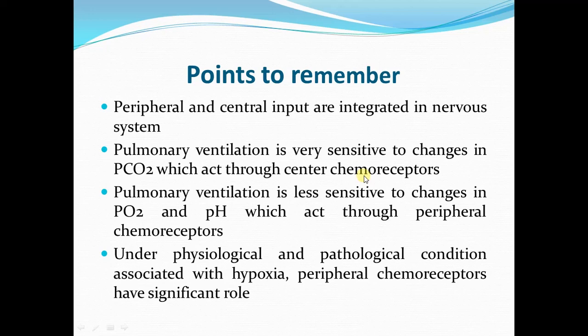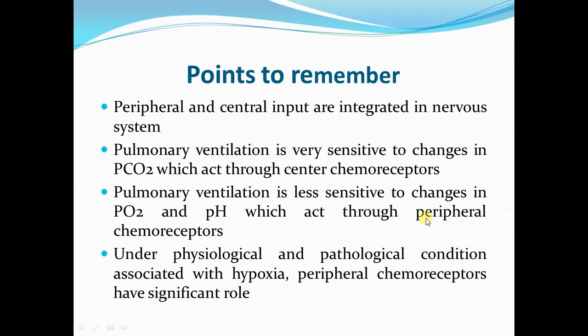And remember that day-to-day regulation of respiration is brought about by the stimulation of central chemoreceptors through changes in the concentration of carbon dioxide within the physiological limits, while the peripheral chemoreceptors become an important drive for respiration in situations which are beyond the physiological limits.